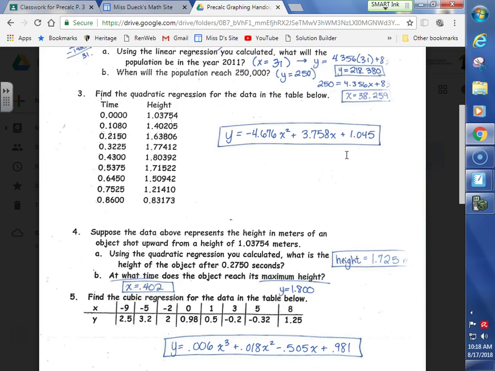Okay, graphing, Zoom standard. Some of you guys might have checked it, so you can check me right now and make sure I have it right. Oh, I rounded.